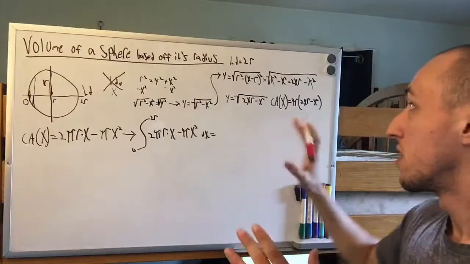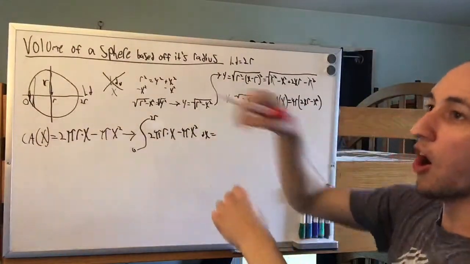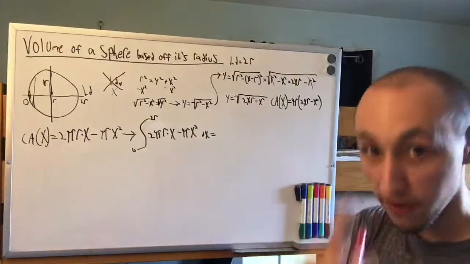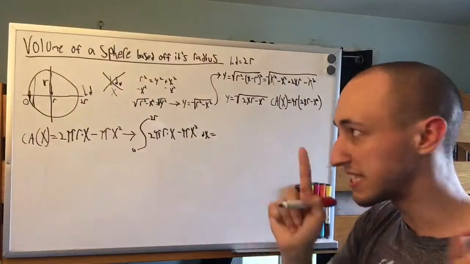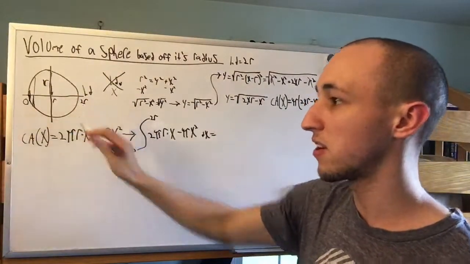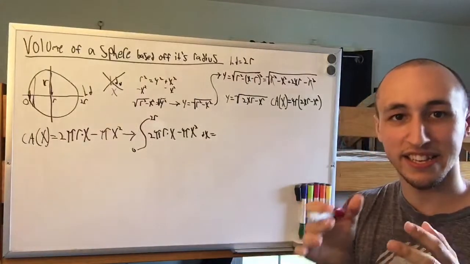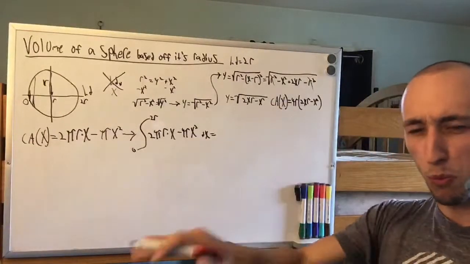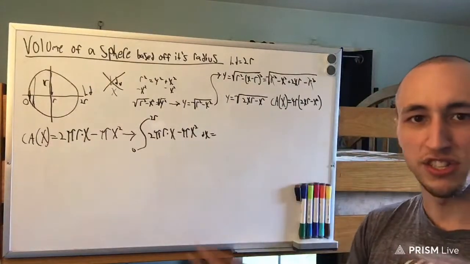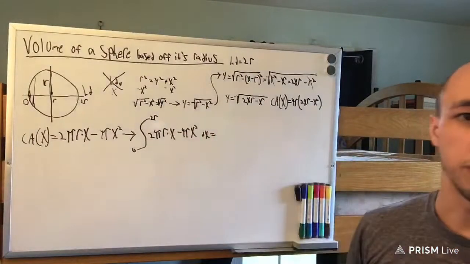Okay? Remember, the y here is the r of the circle that is the cross-section of the sphere. That's different than the r we have here. The r here doesn't change depending on where we are; it's a constant.